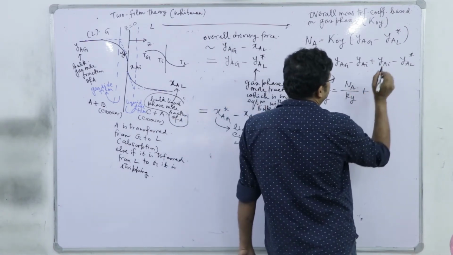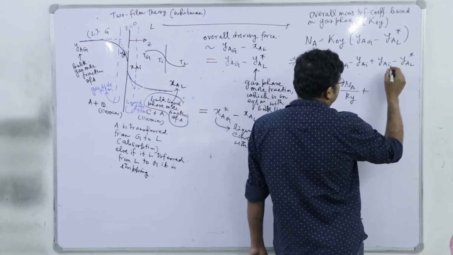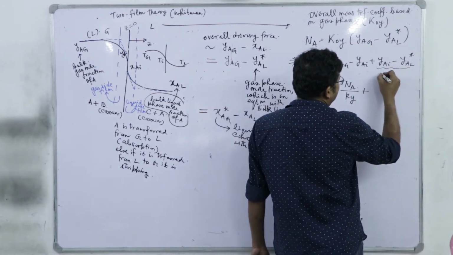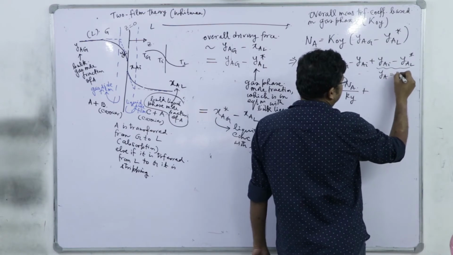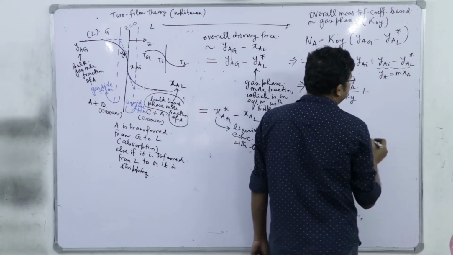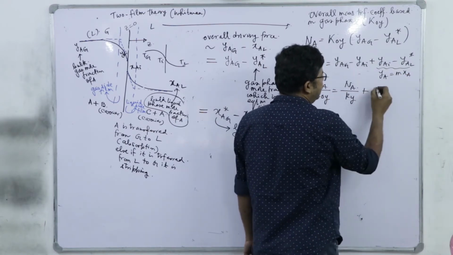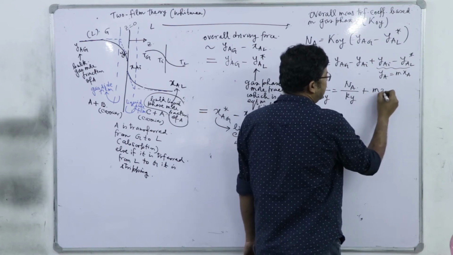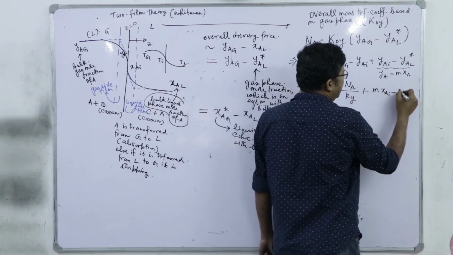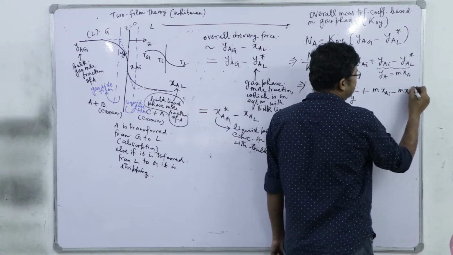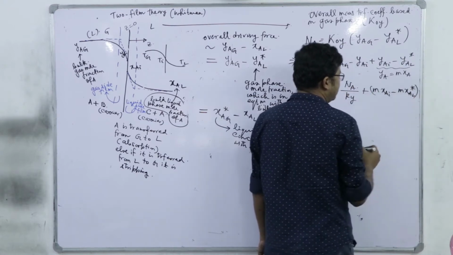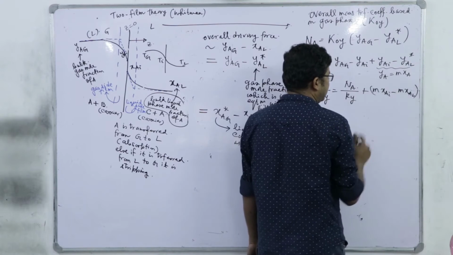And here, if I think that the equilibrium relation is linear, m into xa, right. So, yai we can replace as m into xai and m into xal star, correct, sorry, xal, not xl star.